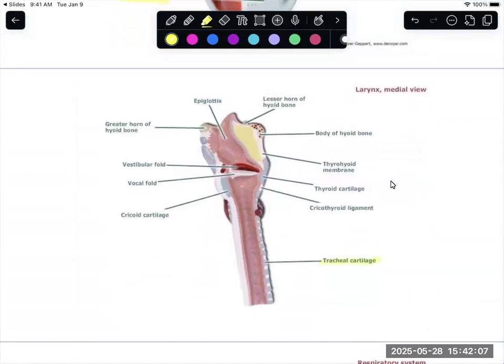You see those tracheal C-rings. You can see that cricoid cartilage, thyroid cartilage. Here you can see that vestibular fold on the top portion, and then you get that vocal fold at the bottom. This is just a good view to see some of those better.